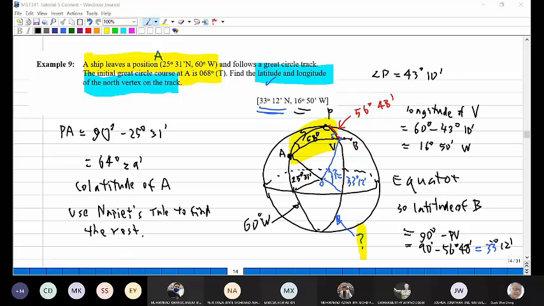Okay, 60 for here. Do I have any mistake there? Let's see whether I made a mistake here.